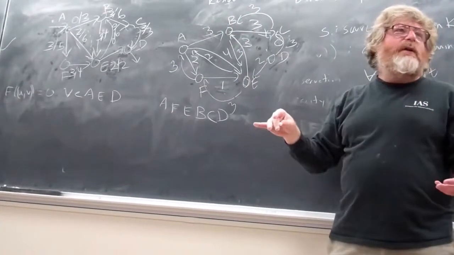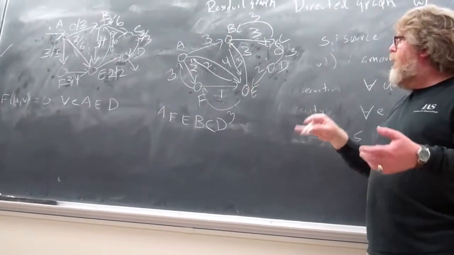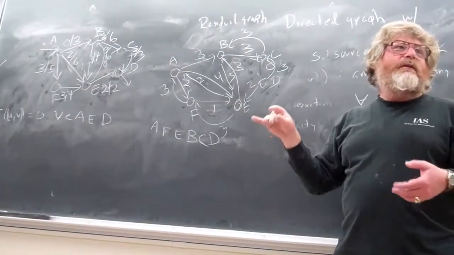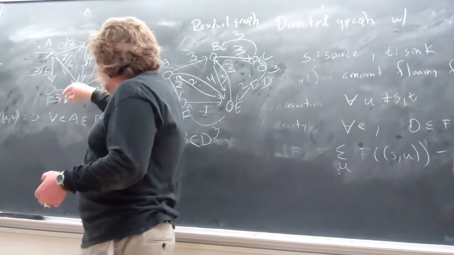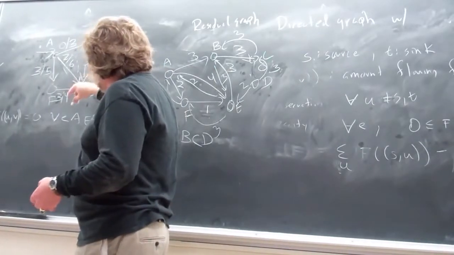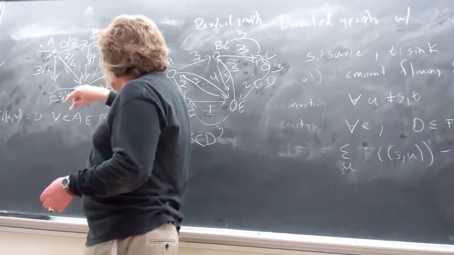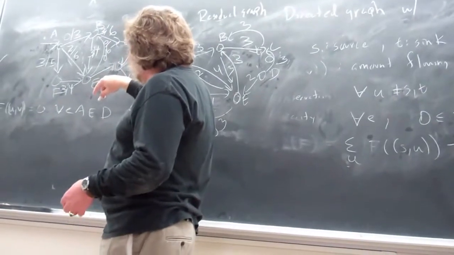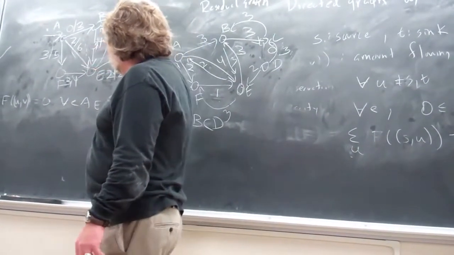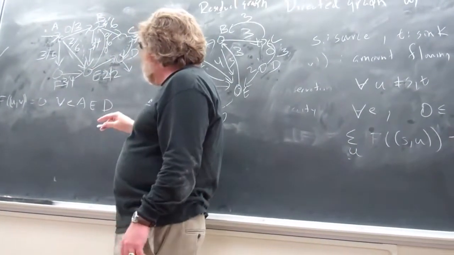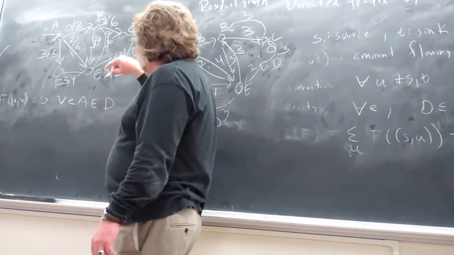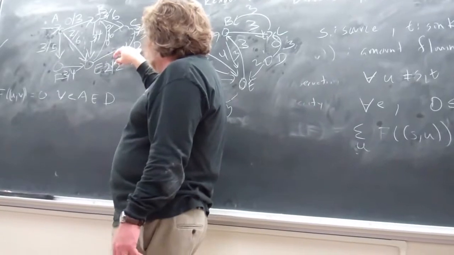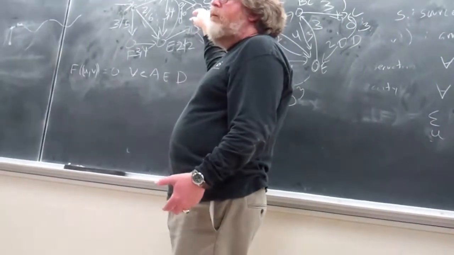So we were able to send 5 units of flow from A to D along these 2 distinct paths, intersecting here, but we can't send any more.